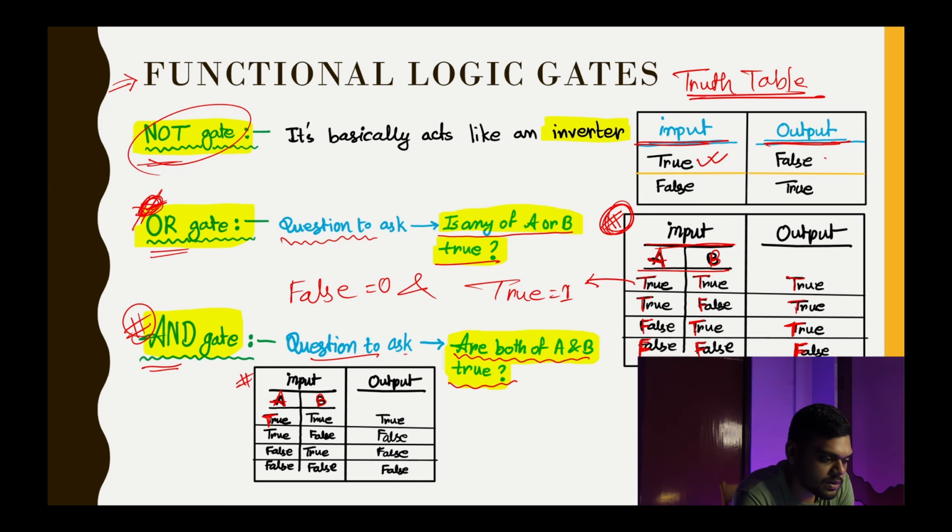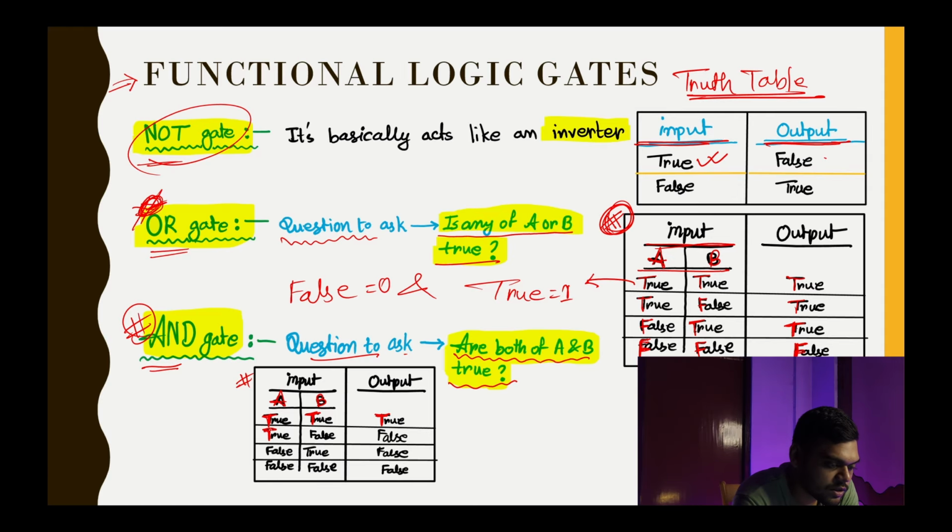At the first example, we have A as true and B as also true. So the AND gate will ask us, are both of A and B true? We will say yes, both of them are true. So the output will become also true.